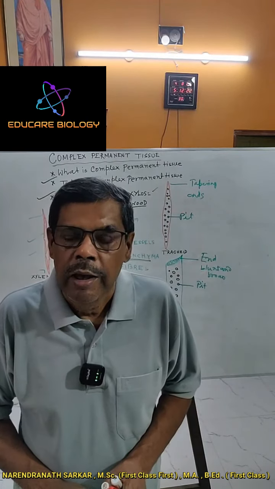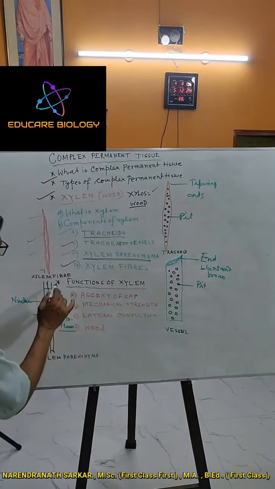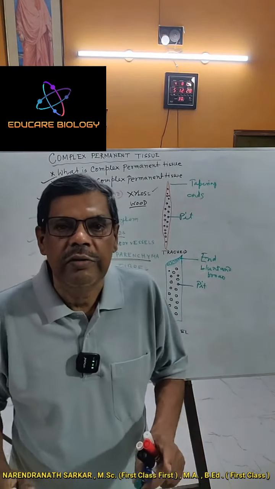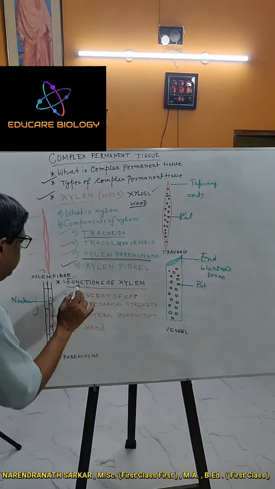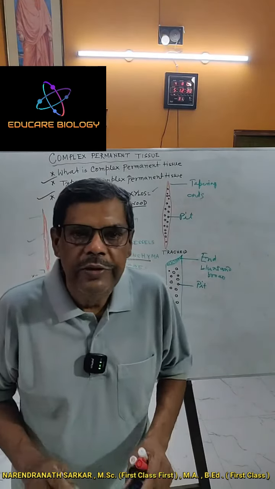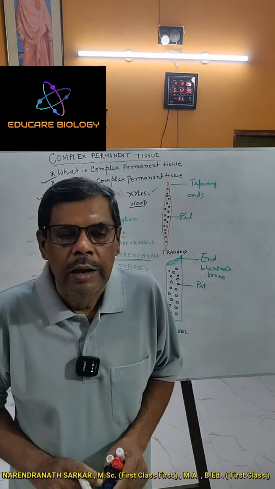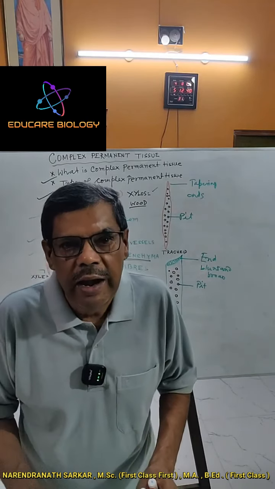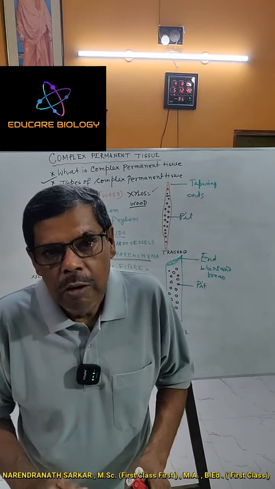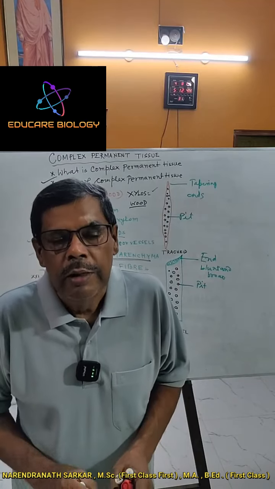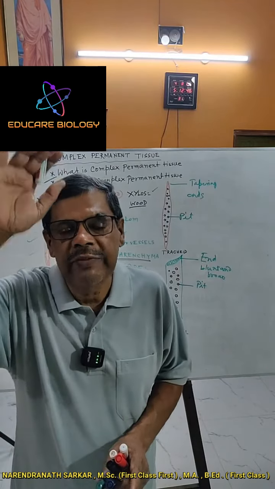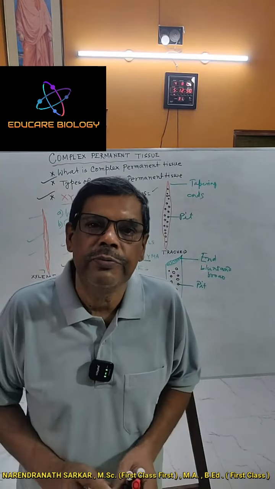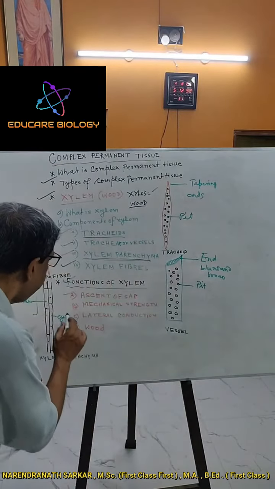Next, functions of xylem. First function is ascent of sap. Xylem transports water and minerals, altogether called sap, from the roots to the various aerial parts of the plant. This is called ascent of sap. Next, mechanical support.